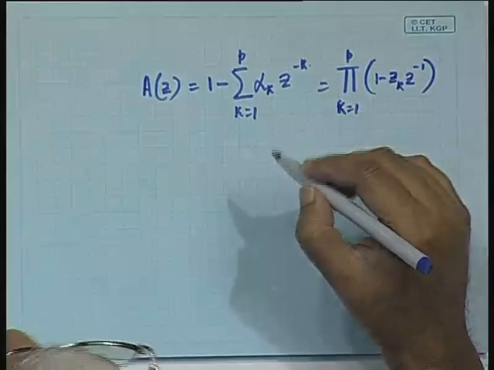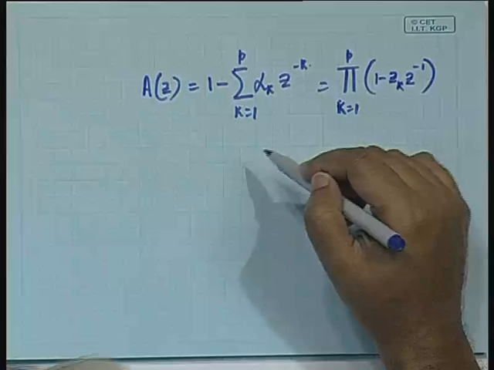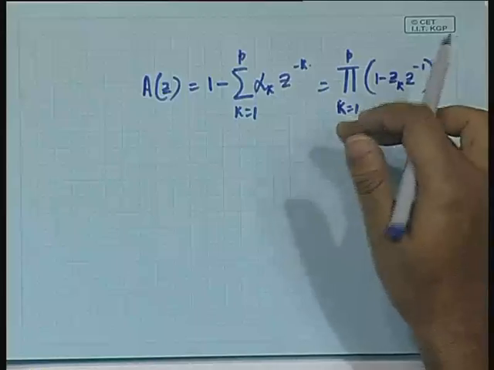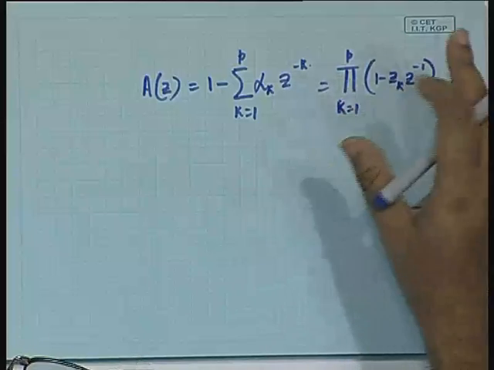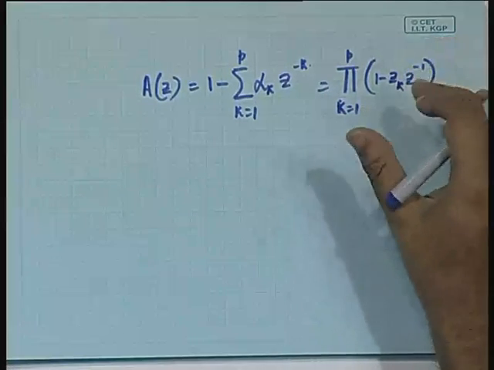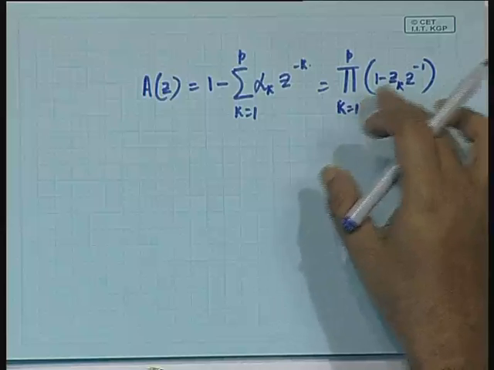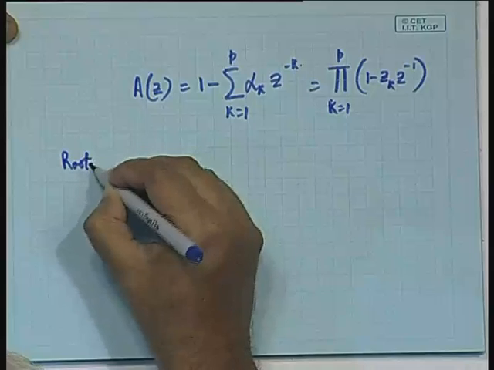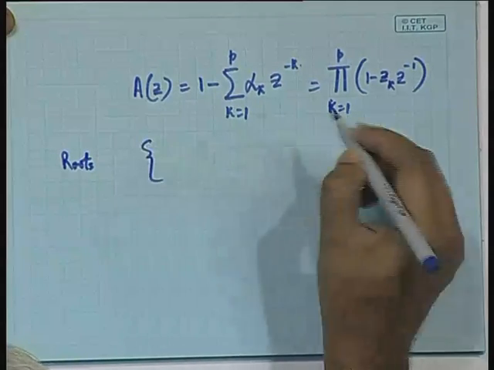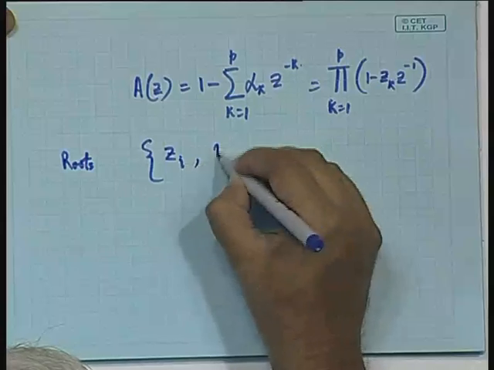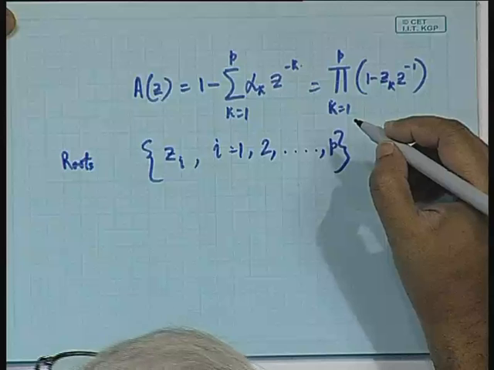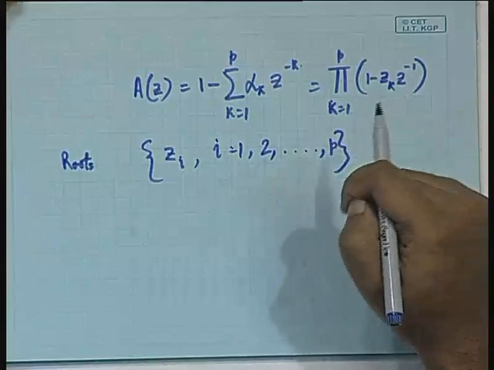So we are expressing this polynomial in z as a product of several factors, p factors, since there are p such predictor coefficients. The roots of this predictor polynomial, given as the set zi, where i goes from 1 to p, are an equivalent representation of A(z).